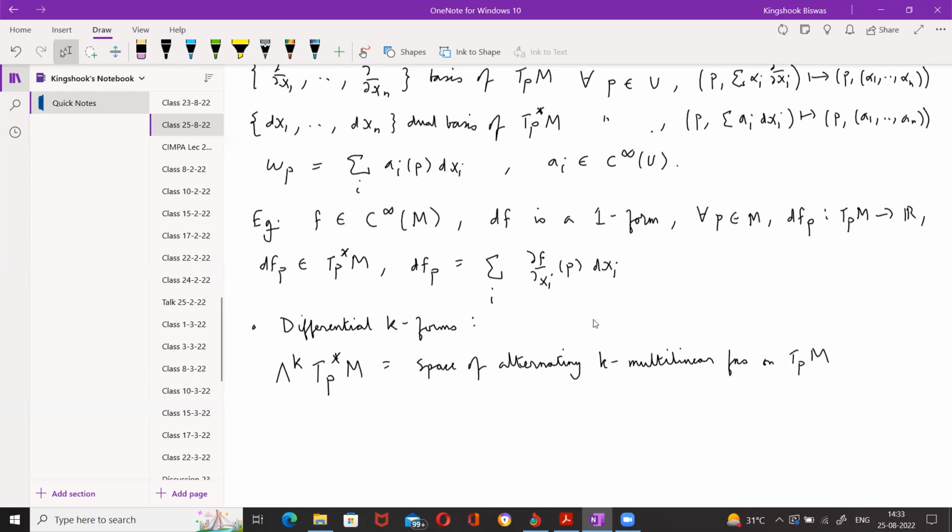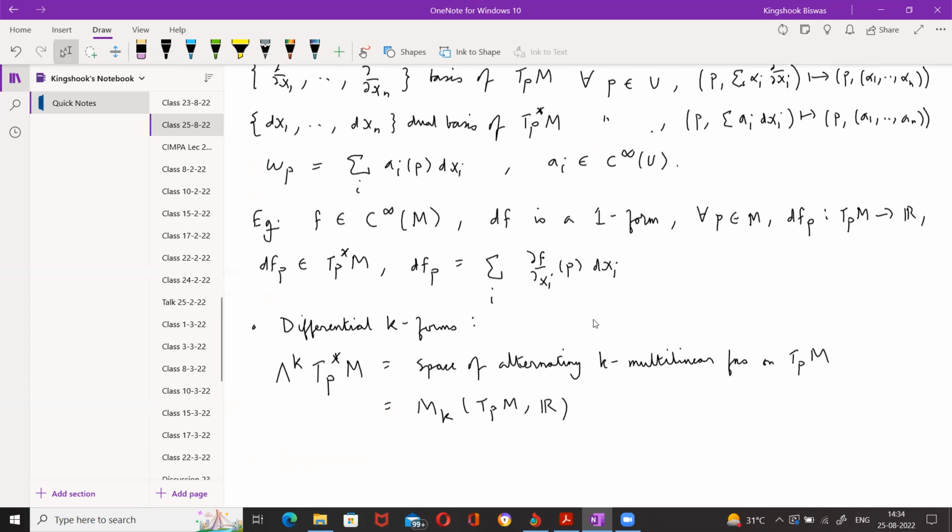Okay, so we had a notation for this. This would be M^k(T_pM, R). So at each point p, we have this vector space wedge^k T_p^* M, whose elements are functions of k vectors in T_pM which are multilinear and alternating.